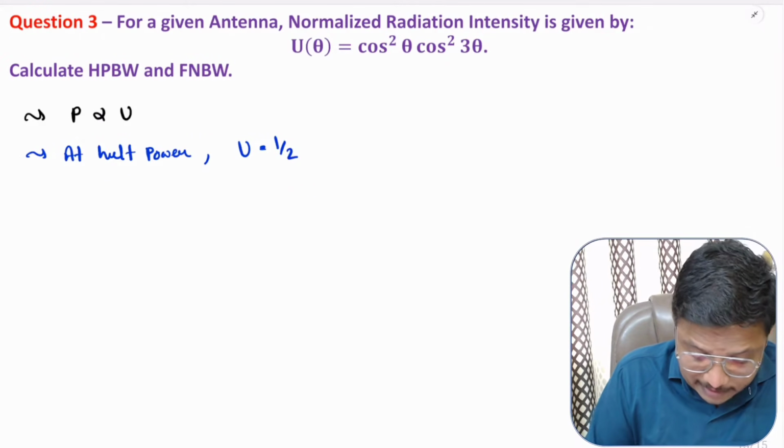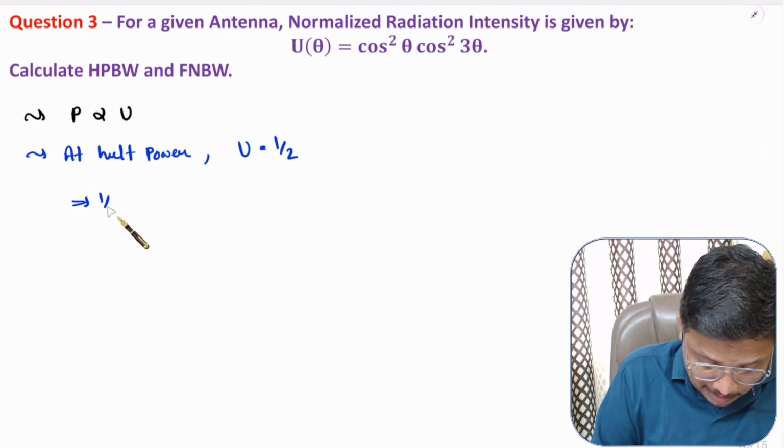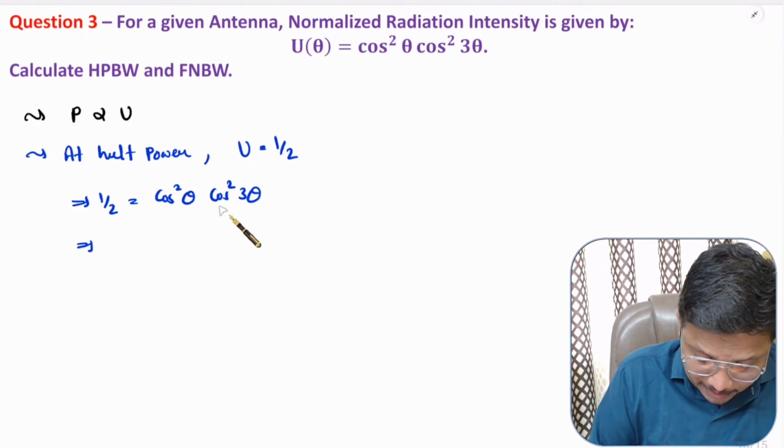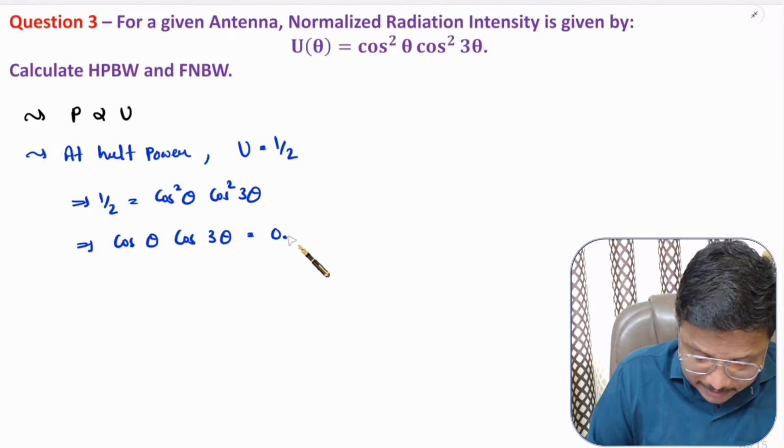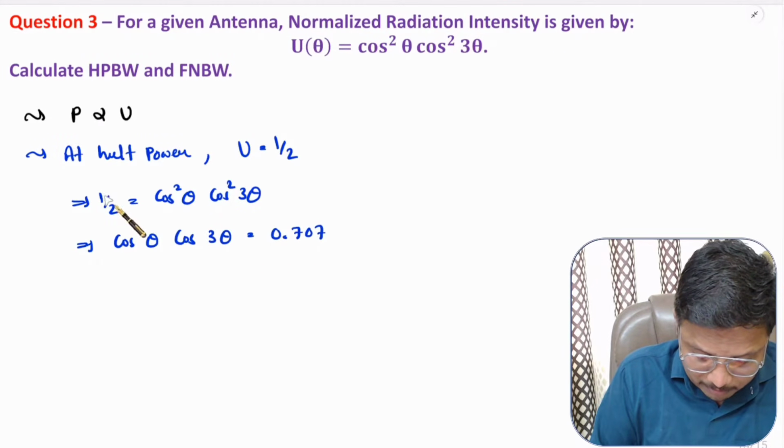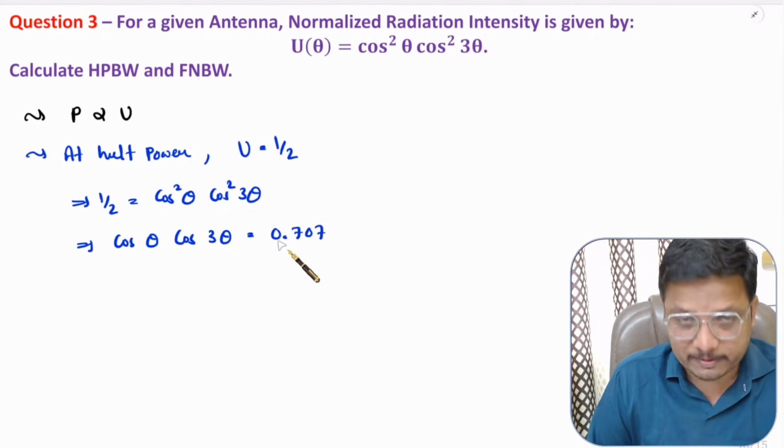If the radiation intensity is equal to half, then half is equal to cos square theta into cos square 3 theta, and if you take the square root, then you will have cos theta into cos 3 theta equal to 0.707, meaning 1 by root 2, that is 0.707.